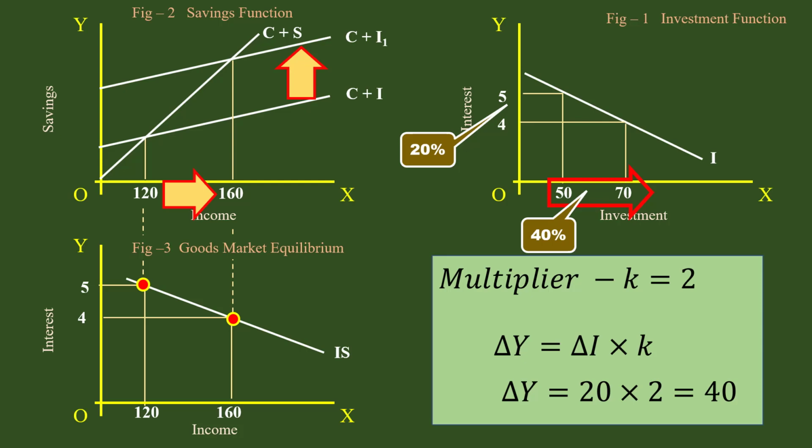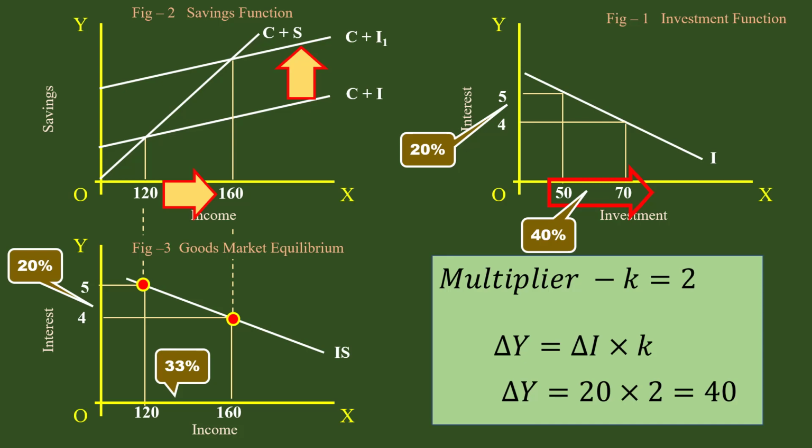The income interest combinations 125 and 164 are points on the IS curve. The new curve is relatively flat. For 20% fall in interest, income increases by 33%.